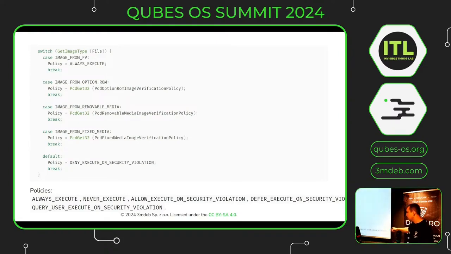I'm not sure how this works precisely. Maybe we can talk with Michał after, because I don't want to give you a wrong answer. And query user is just like a pop-up in BIOS, if you can say so, that there is a security violation, and asks what I should do. Should I continue or should I stop?